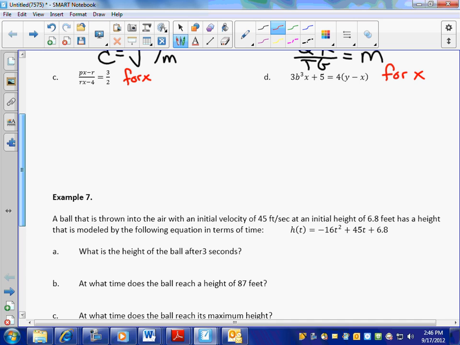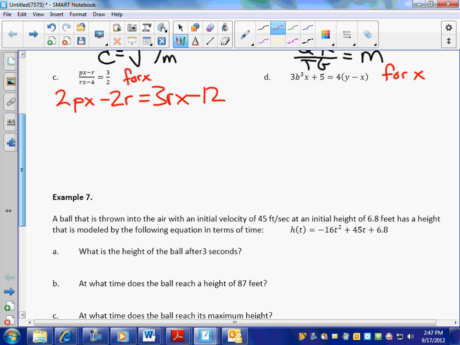I cross multiply, what do I have on the left-hand side? 2px minus 2r, good. Equals, what's on the right-hand side? 3rx minus 12. Good. So first step is I just distribute everything through, okay?